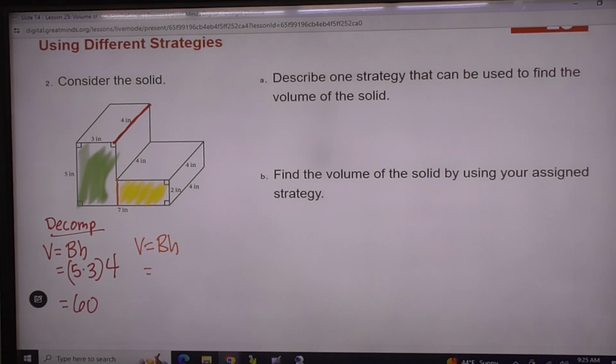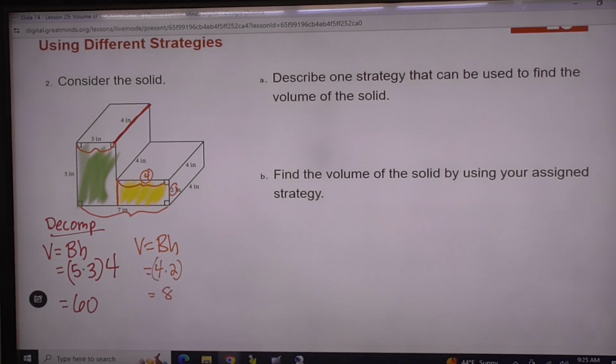If this whole line is equal to 7, and on the opposite side this side is 3, that means this side right here is 4, because 4 plus 3 equals 7, right? So that's going to be 4 times 2, which is going to give me 8.